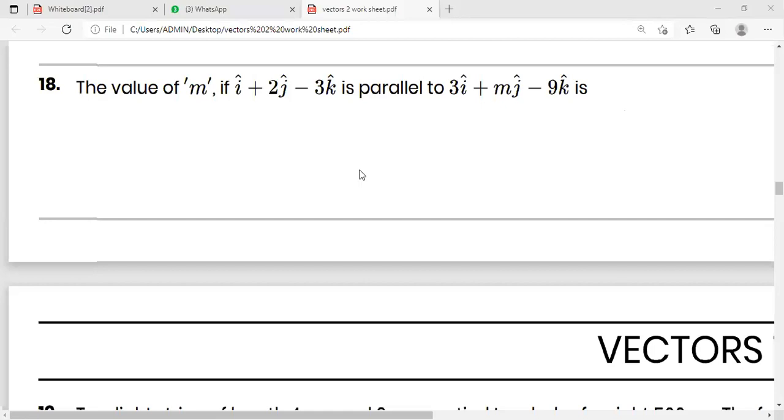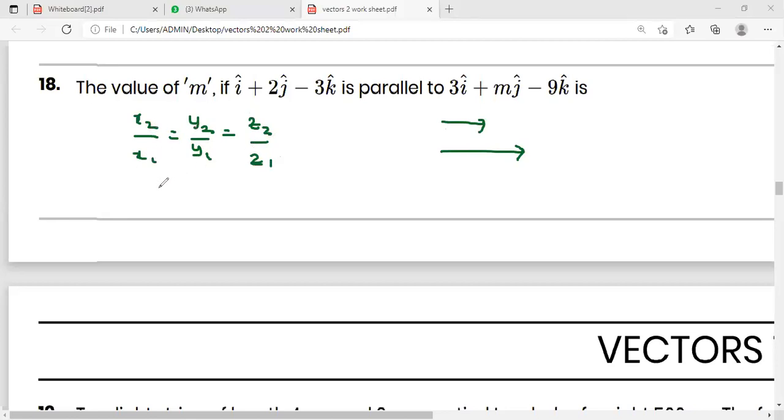If the directions are the same, then there is one condition: the ratio of x components equals the ratio of y components equals the ratio of z components. Because when two vectors are parallel, maybe their magnitudes are different, but definitely the ratio of the components should be the same. x2 by x1, y2 by y1, z2 by z1.